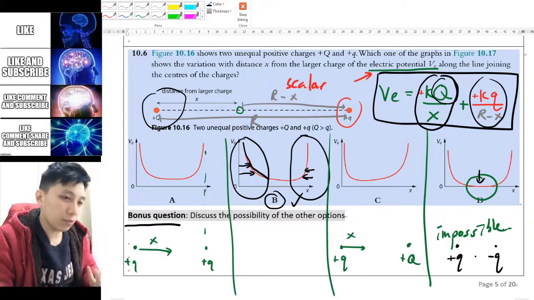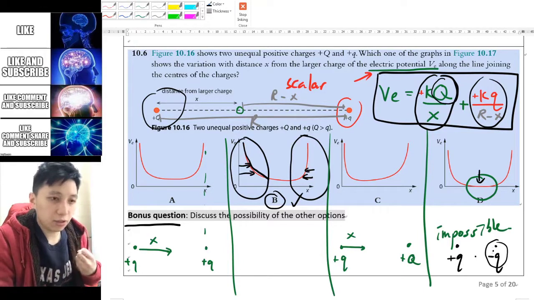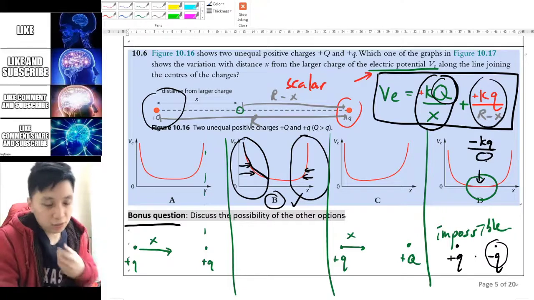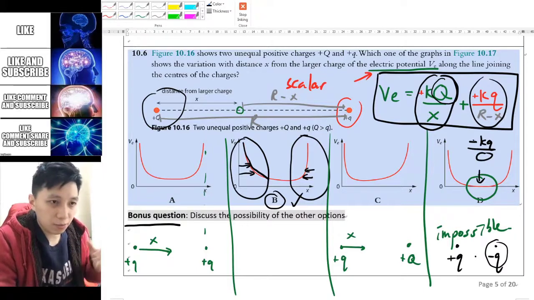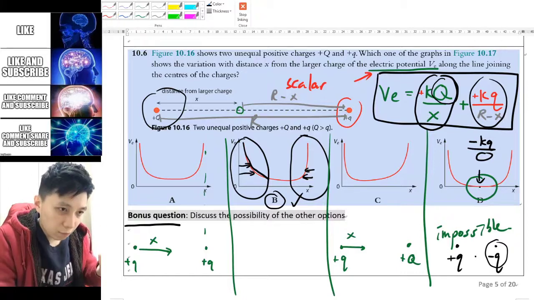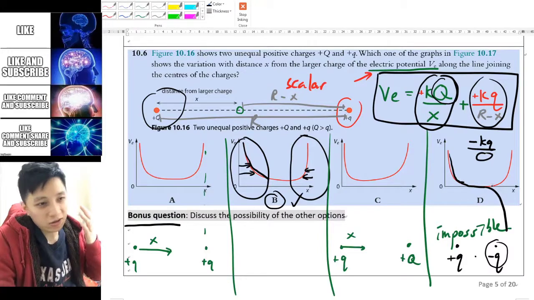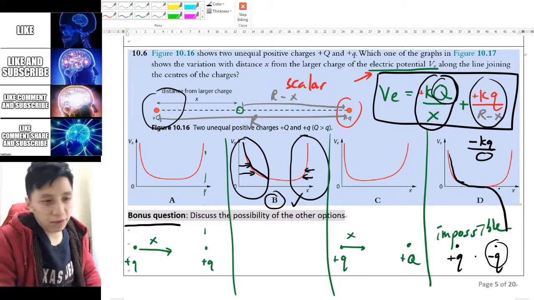But then the problem is when you get close to this negative charge, think about the equation. It will become negative kq over something, the distance depending on how you set up. But the most important thing is it's negative. So in this case, the graph does actually hit 0 at a certain point, but then it will become something like this instead. So that's not something we have in D.